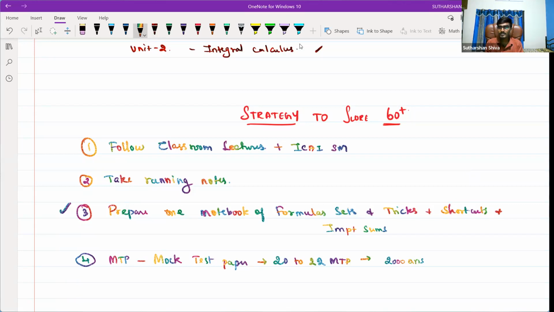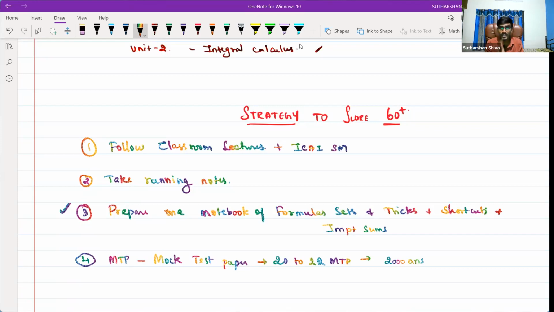Then logical reasoning, you will get nearly around 400 questions. For mathematics, again, you will get 800 questions. So total 2000 questions. If you solve and spend this time, believe me, because it has already been tested in the previous batches, you will easily score 60.